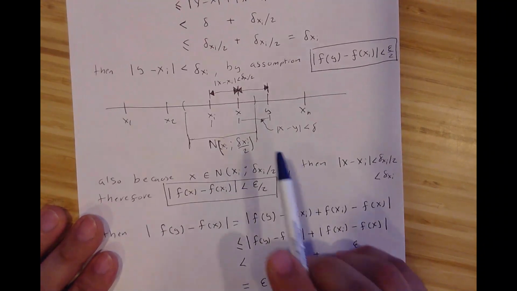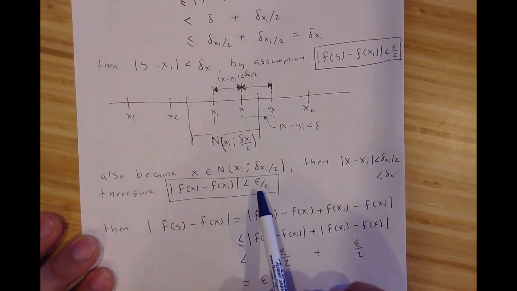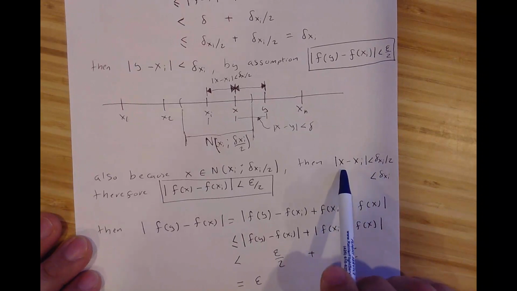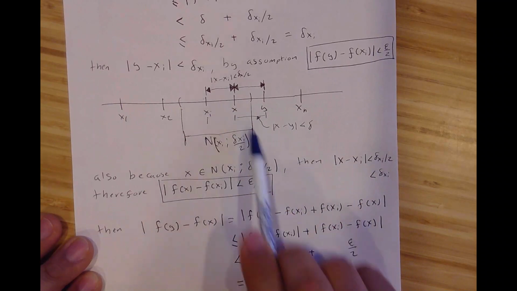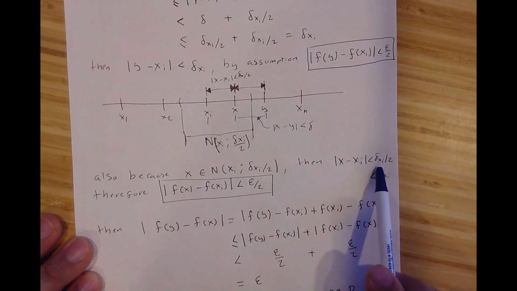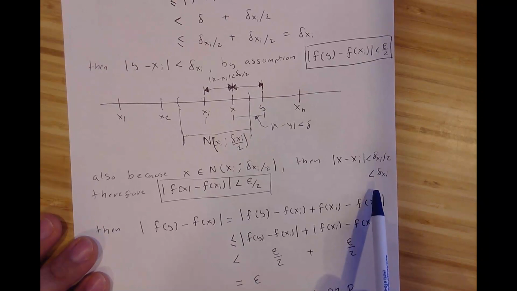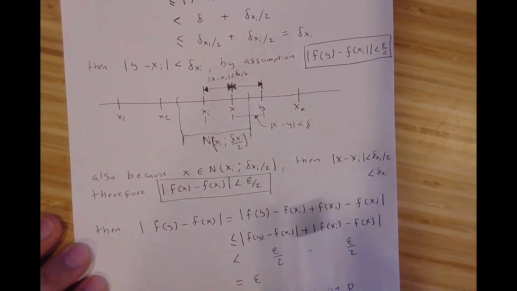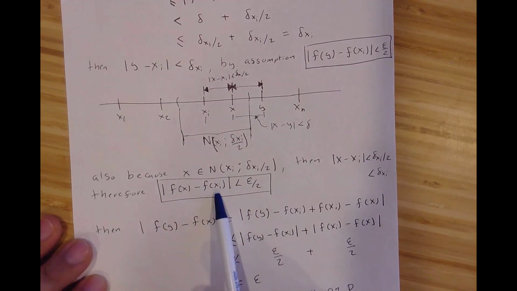On the other hand, x is also part of this neighborhood, and the distance from x to xi is less than delta xi over 2. If it's the half, it's also less than the whole value. Therefore, the distance between the evaluations of the function at x and xi is also less than epsilon over 2.